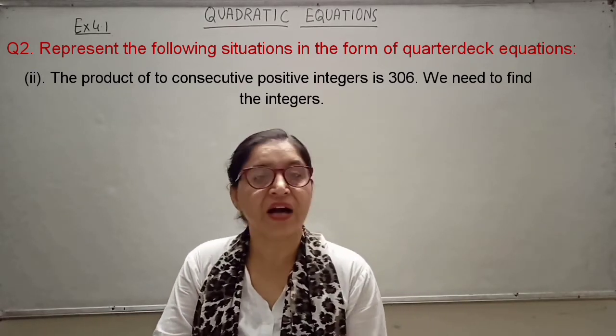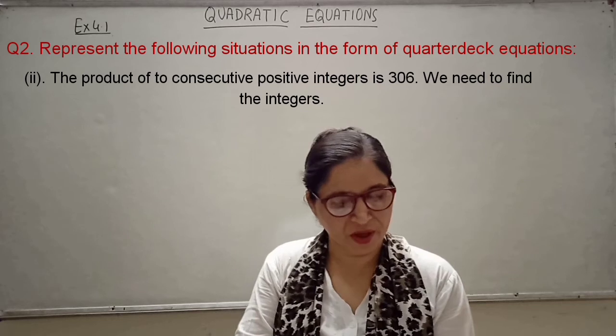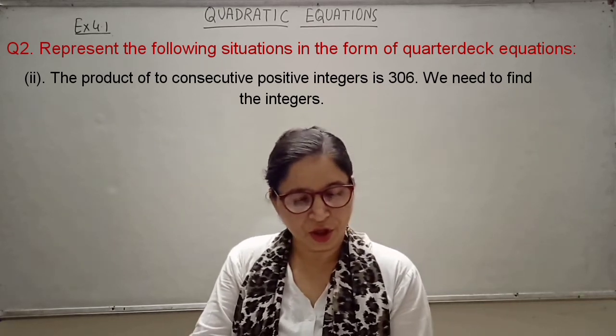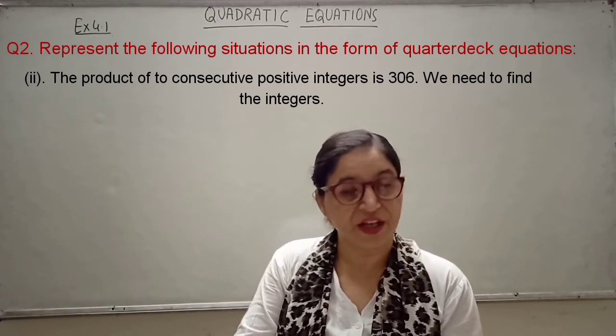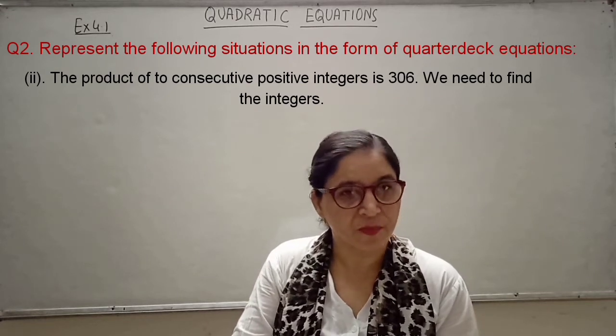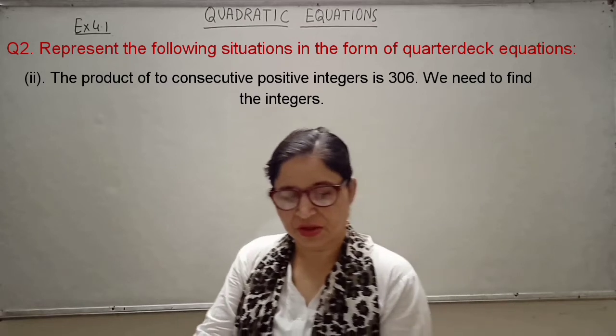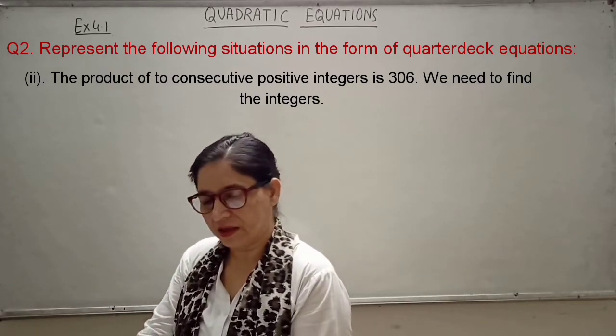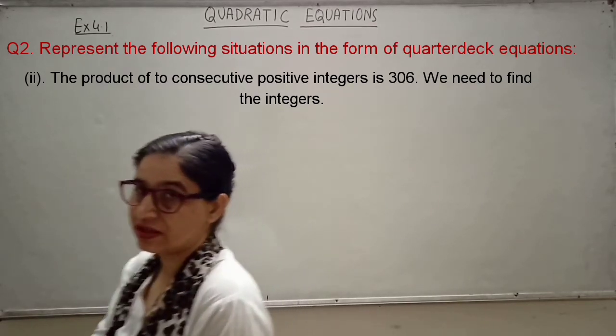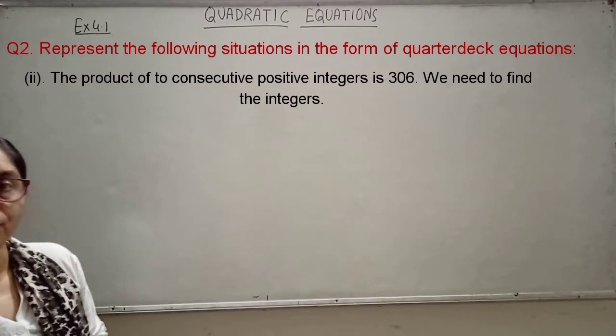Now come to part 2 of this question number 2. The product of two consecutive positive integers is 306, and we need to find out the integers. Can be represented in the quadratic form or not?